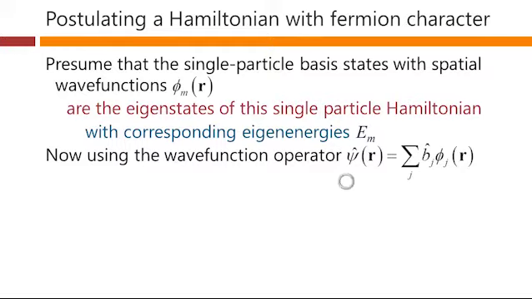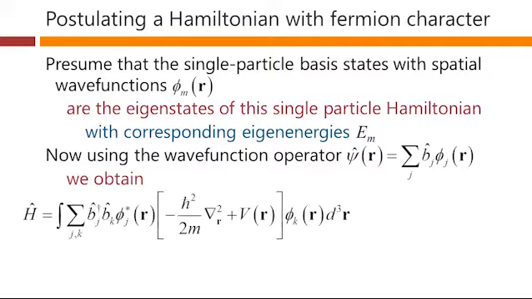Now we're going to use our wave function operator, and we will obtain this kind of expression. So all we've done is we've substituted in, using this wave function operator form. Remember, we had the wave function operator over here. Well, now we have that. We've got the sum over k of bk phi k of r. So that was our wave function operator on the right.